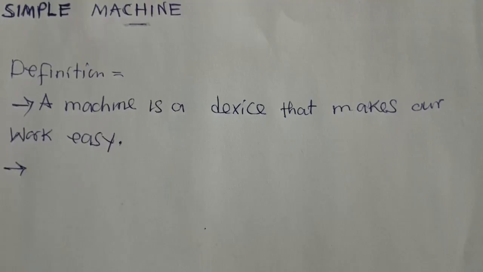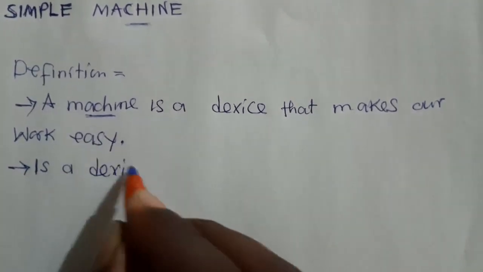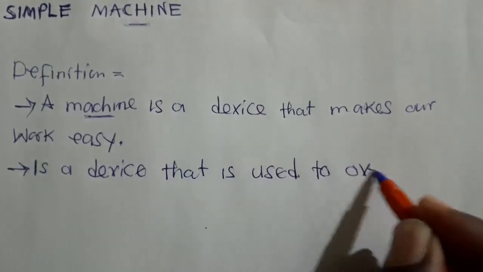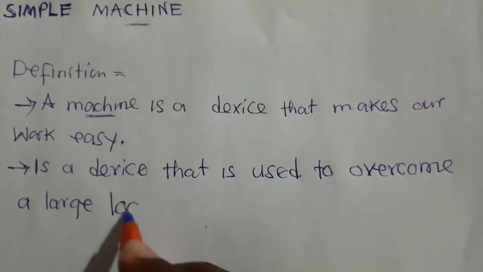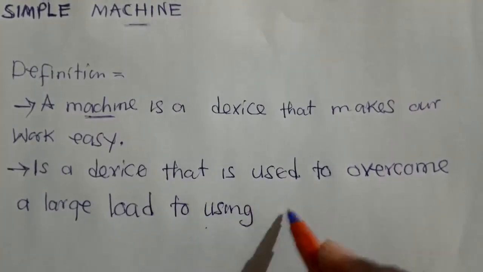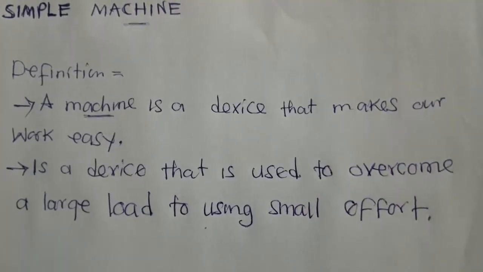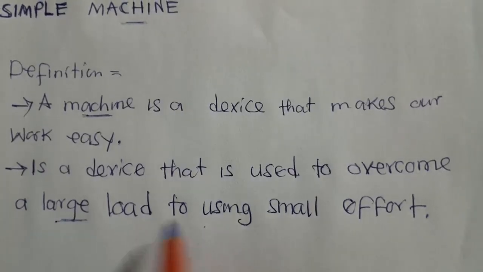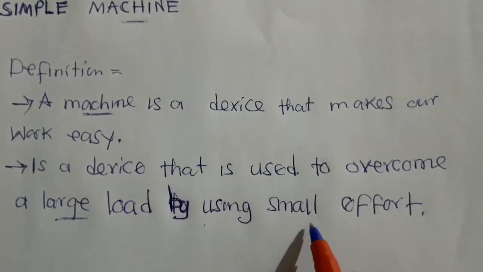In a simple way, to make you understand, a machine is a device that is used to overcome a large load by using small effort.